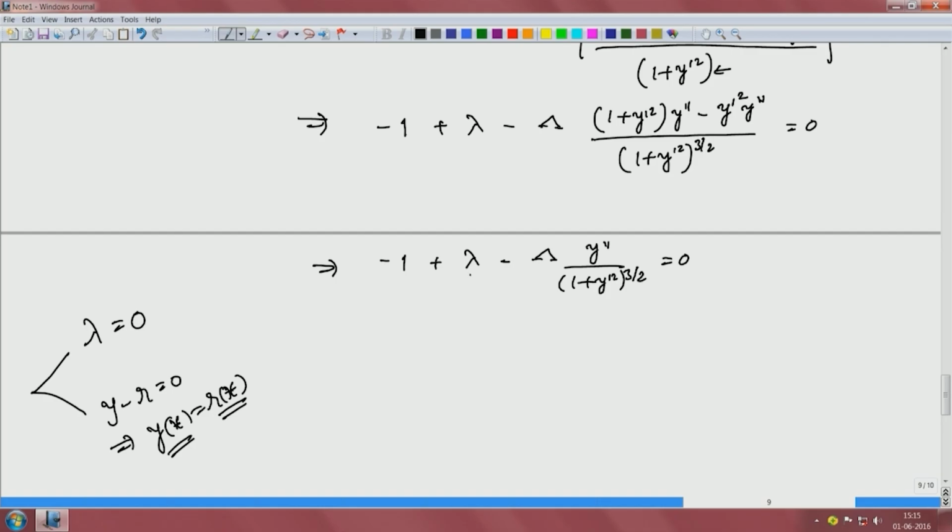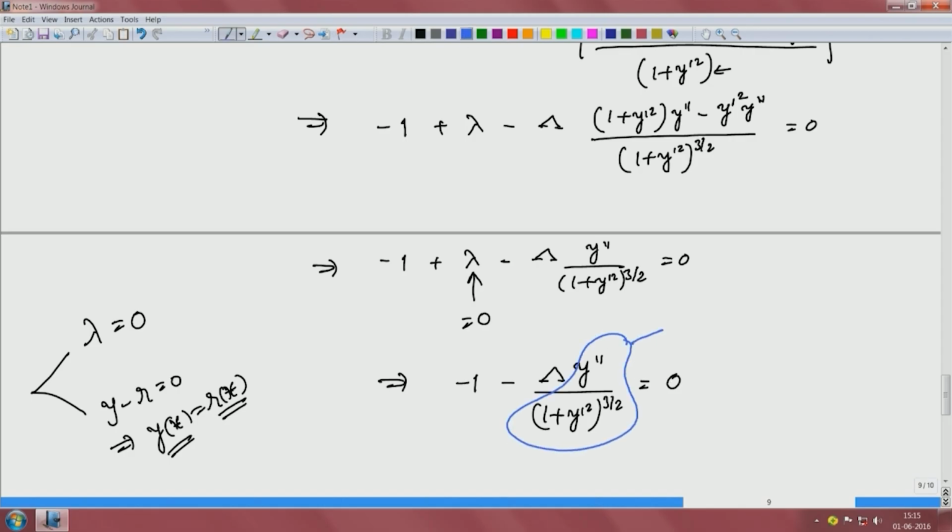If I substitute for the first case lambda equal to 0, then minus 1 minus lambda into y double prime plus 1 plus y prime square 3 by 2 equal to 0. If you notice, what this is actually is curvature, right. In your beam theory you would have used this result many times.